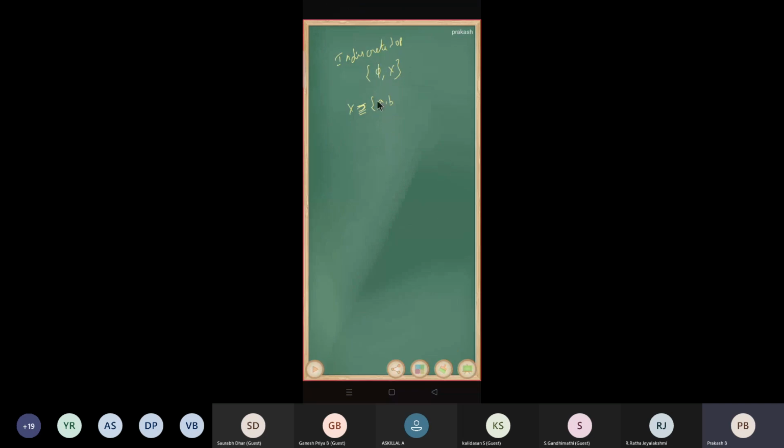That is X is equal to the set {a, b}, then it is a connected space, right?